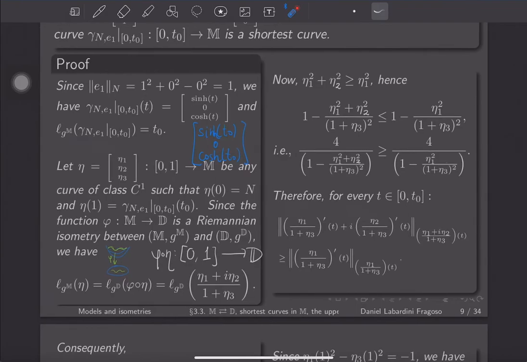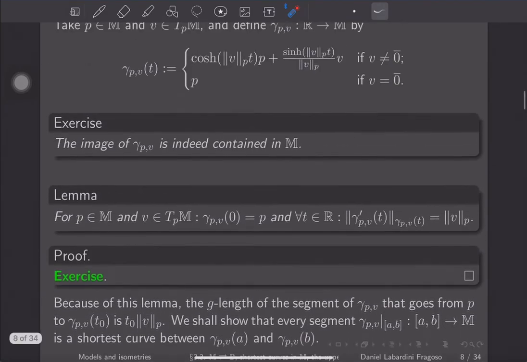For this norm, I have to take the Euclidean dot product of this vector with itself, times this factor.